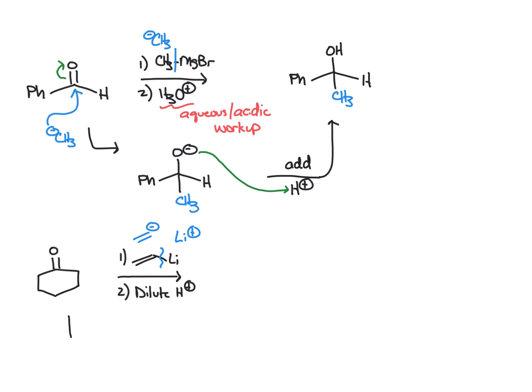So what's going to happen here? Here's our carbon-carbon double bond nucleophile. If you need to draw in the atoms, you can. Here we have a CH2, and on that end is just a CH. So this carbon with the negative charge is going to form a bond to the carbonyl carbon.